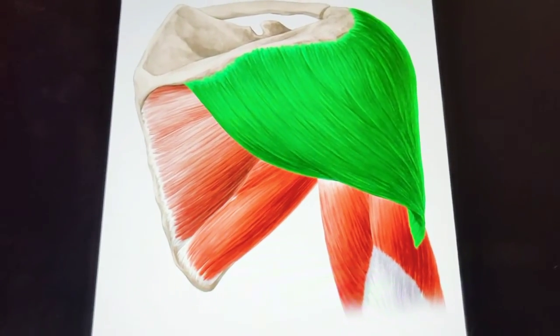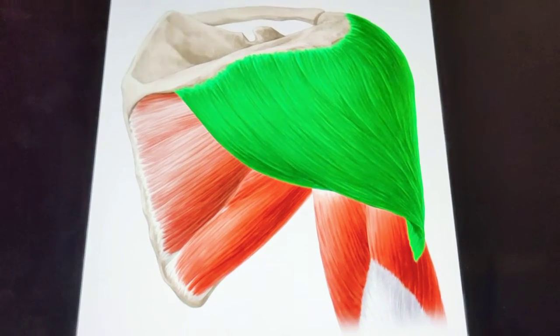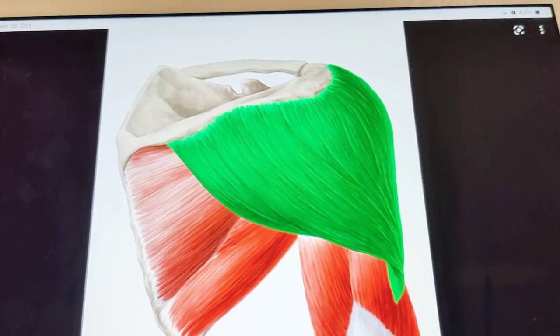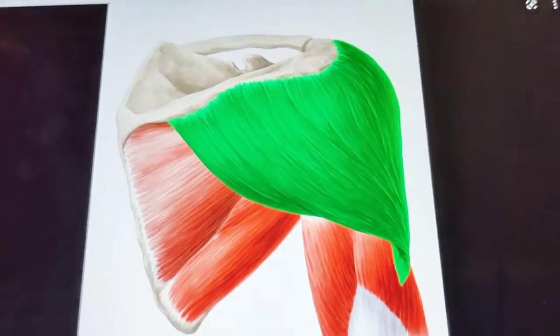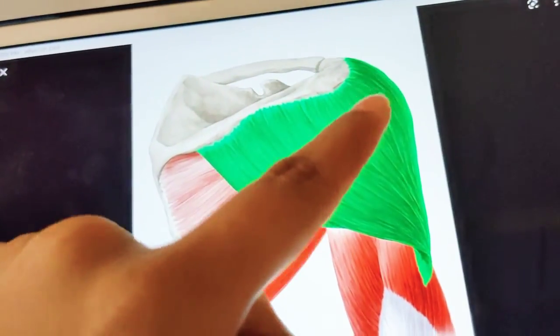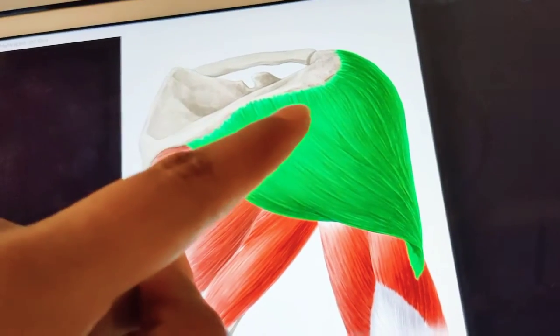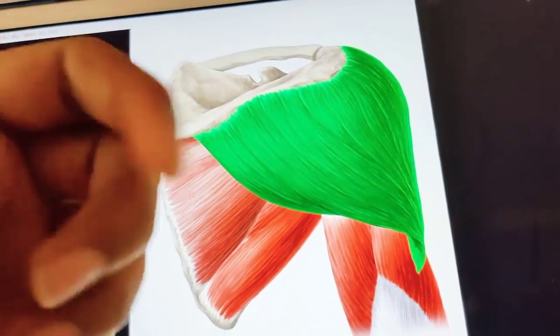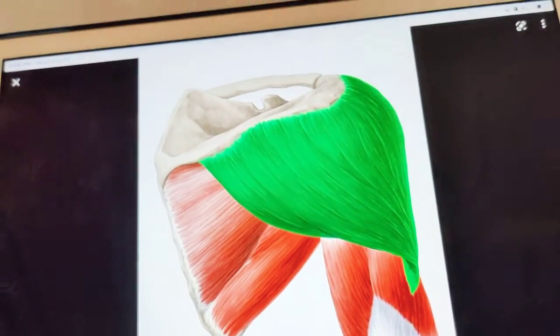The deltoid has many muscle fibers, so it has more strength, and a multipinnate muscle is much stronger than other muscles of the same volume. As I said, the anterior and posterior parts are unipinnate and the middle part is multipinnate, so the middle part of the deltoid is much stronger than the posterior and anterior parts.